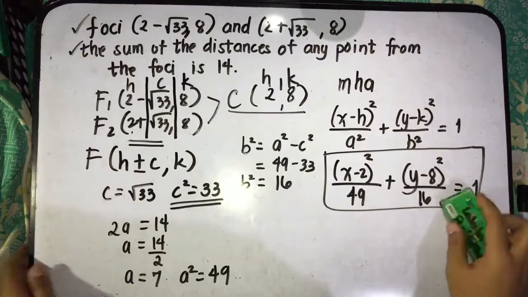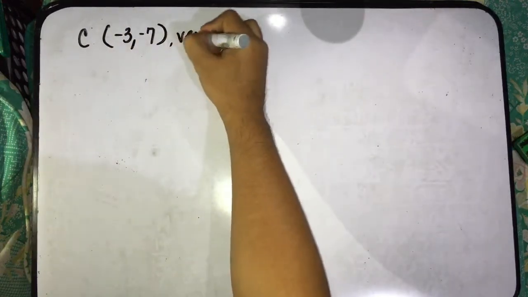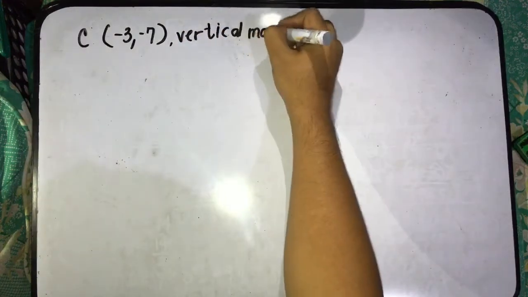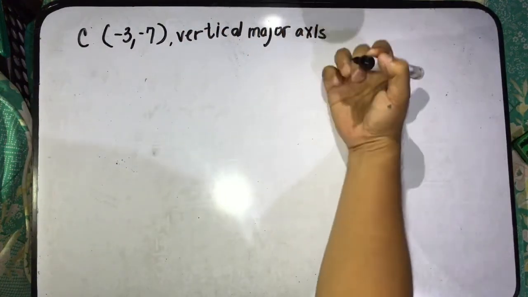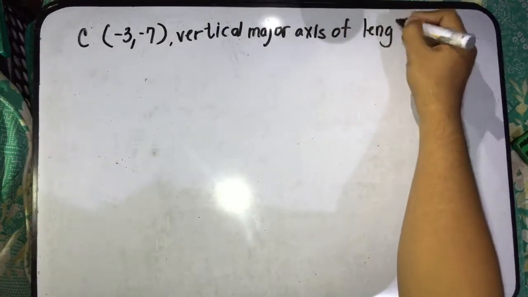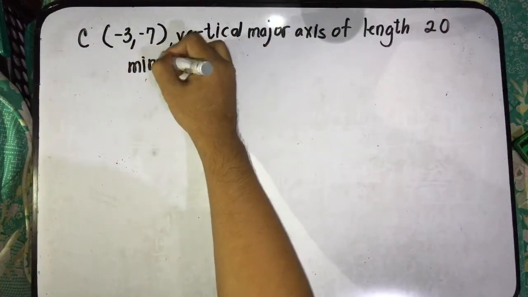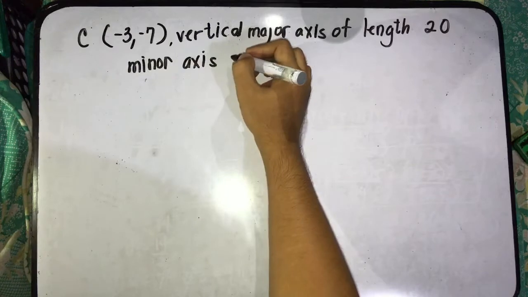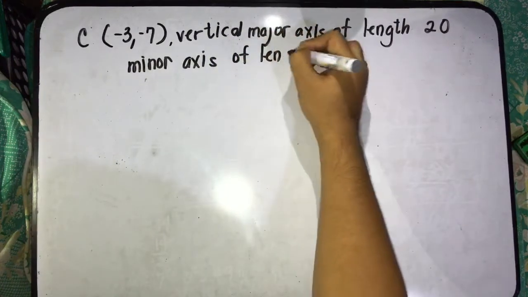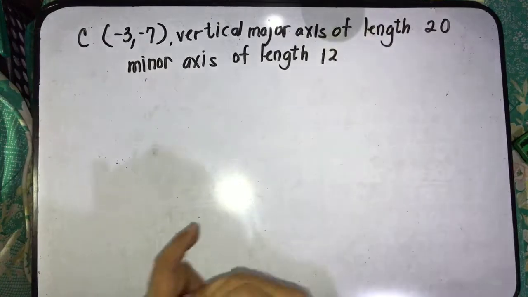Okay, let's have another example. What if you're given another condition that the center is located at -3, -7, vertical major axis of length 20 and minor axis of length 12.